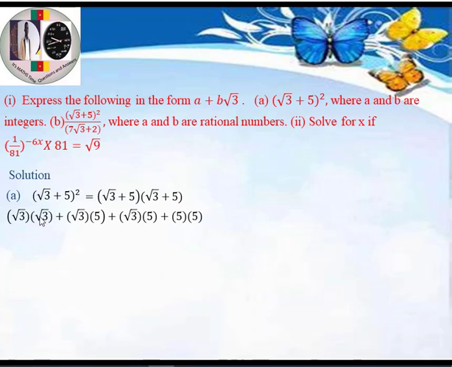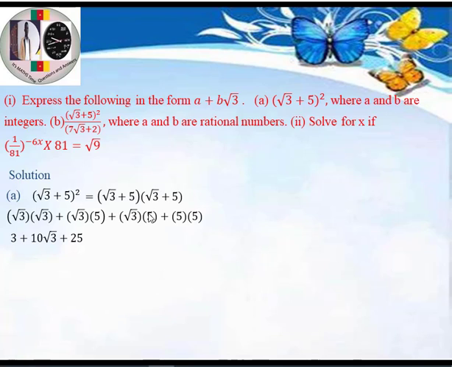So root 3 times root 3 is 3, and 5 times root 3 is 5 root 3, plus 5 times root 3 is 5 root 3, plus 5 times 5, which is 25. So we are going to have 3 plus 10 root 3 plus 25, because 5 root 3 plus 5 root 3 is 10 root 3.